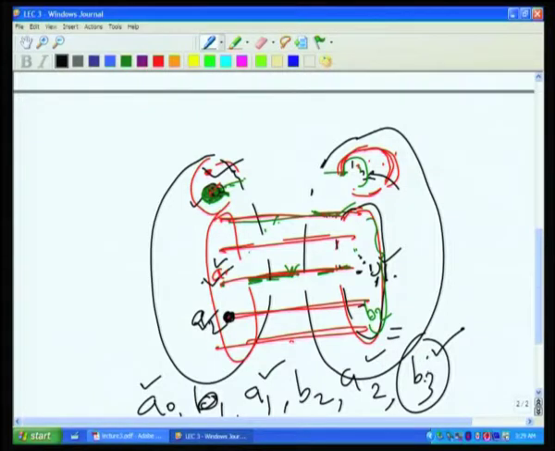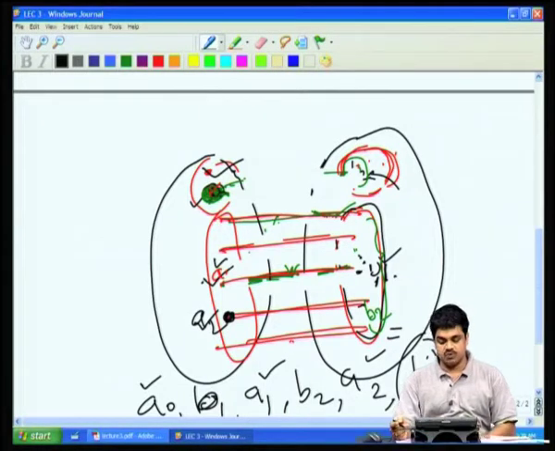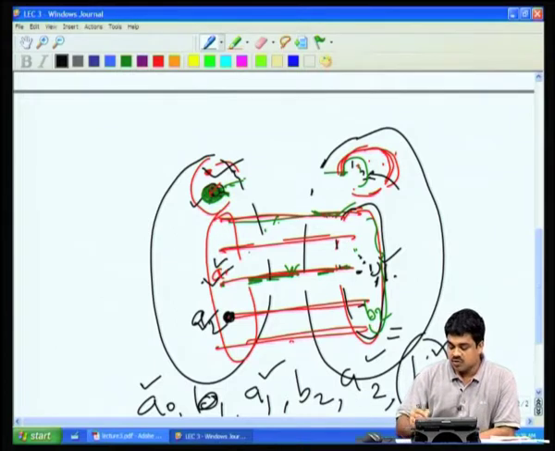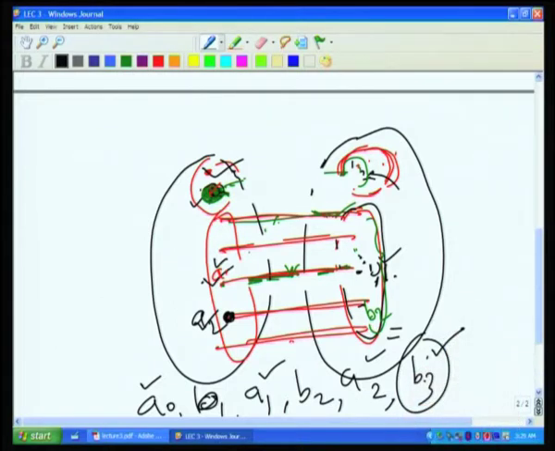But again the question is, can this neighbor be unmatched? If it is unmatched, as we argued before, it will give us an augmenting path. Why? Because if B3 is connected to A0, we immediately have a contradiction.